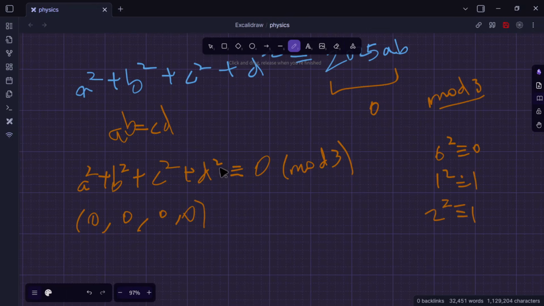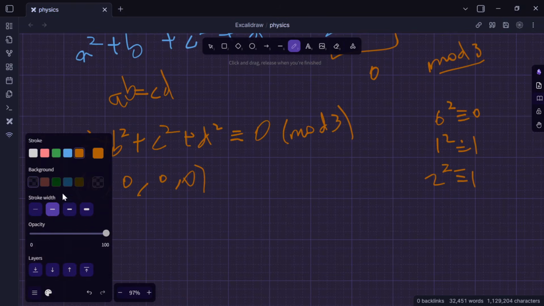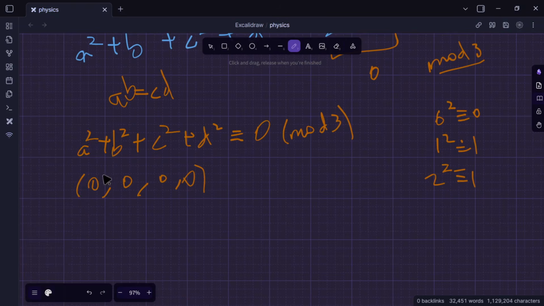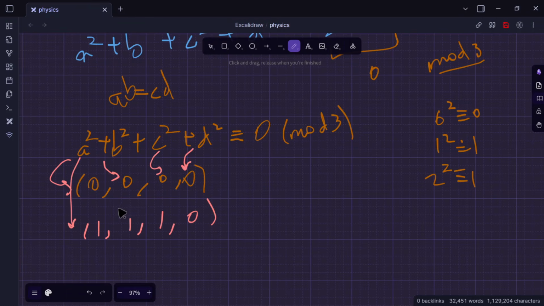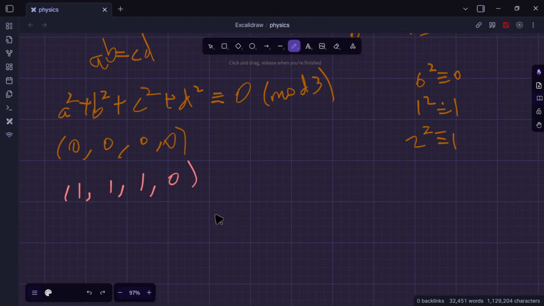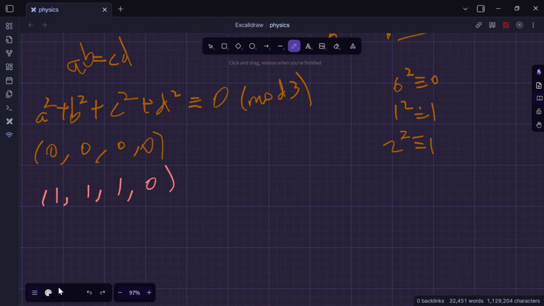So the only possibilities for this equation to hold will be that A squared, B squared, C squared, D squared are congruent to 0, 0, 0, 0, or they're congruent to 1, 1, 1, 0. That's cool.